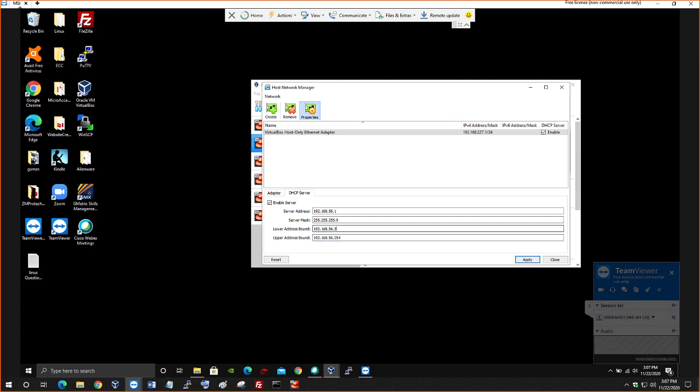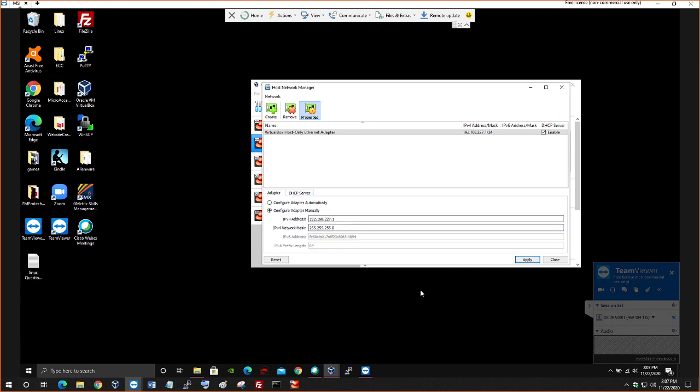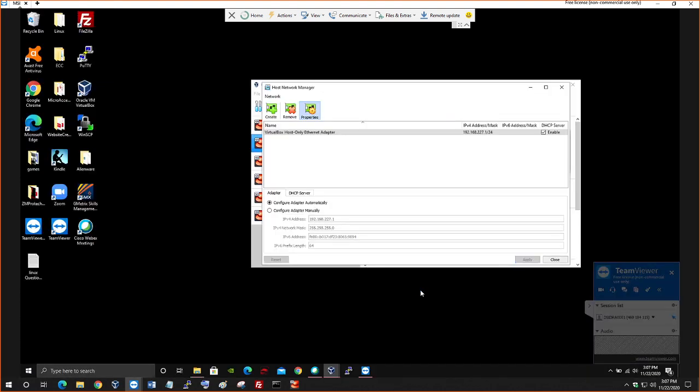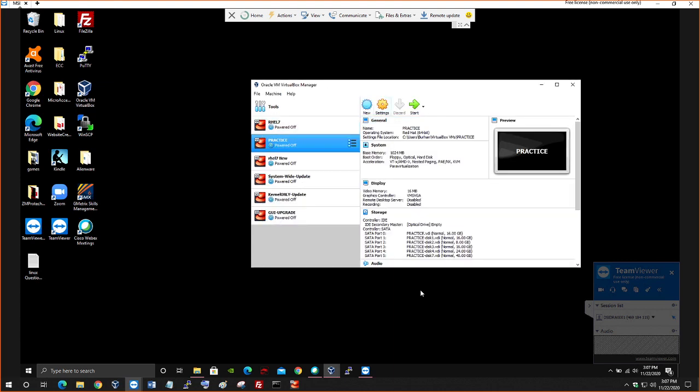Then go into adapter. Click on configure adapter automatically. Click apply. Yes. Close it, and we need to go back in there and see if it's going to take.